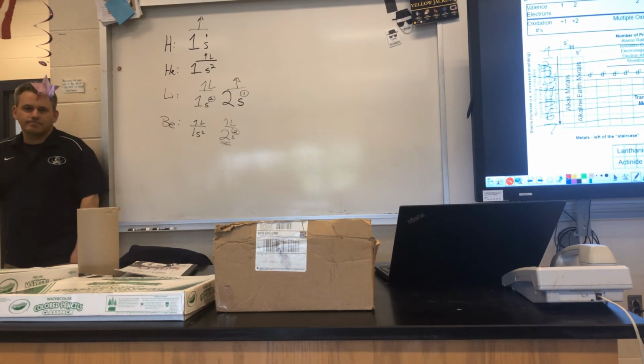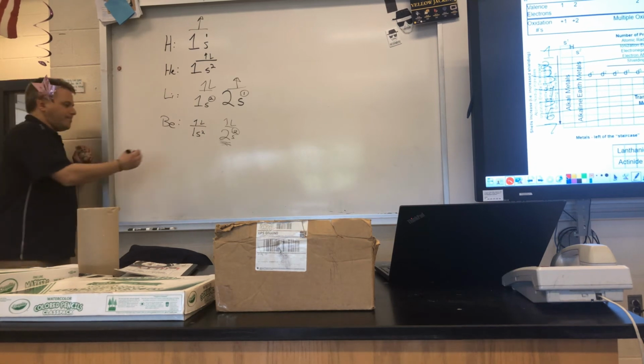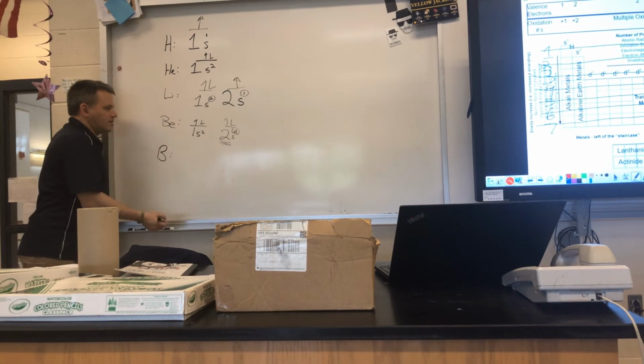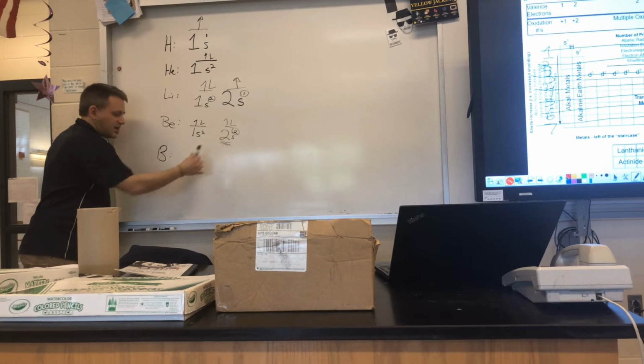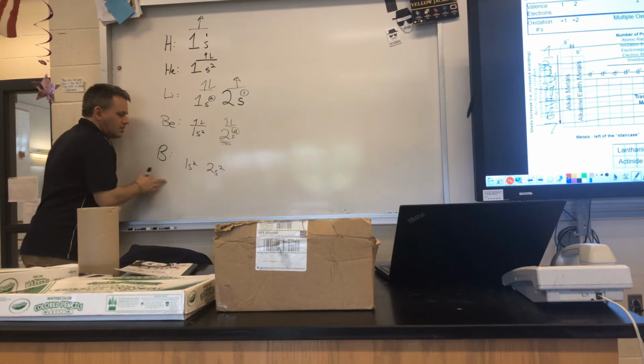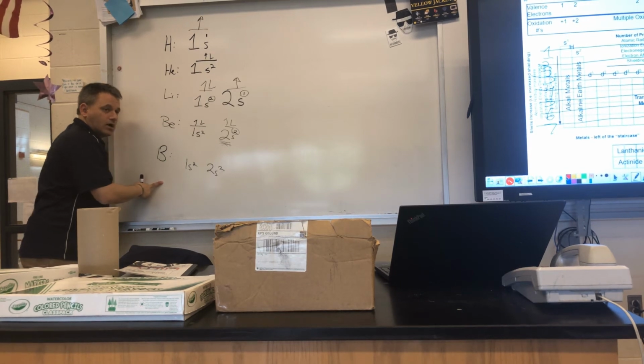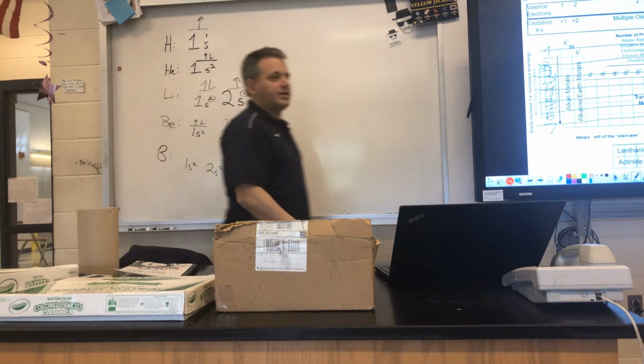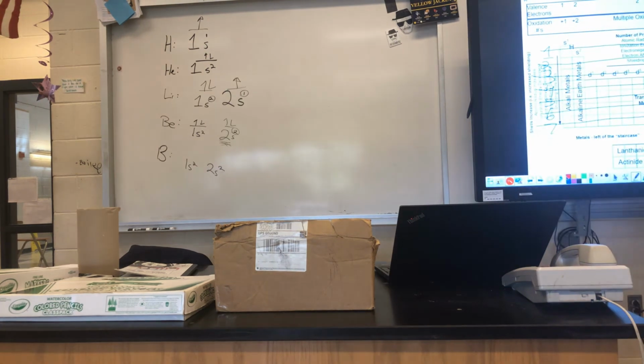Boron. You're going to rewrite this. It's got the same number of electrons here, plus 1 more. Now, what letter is over here? Are these the S's or the P's?